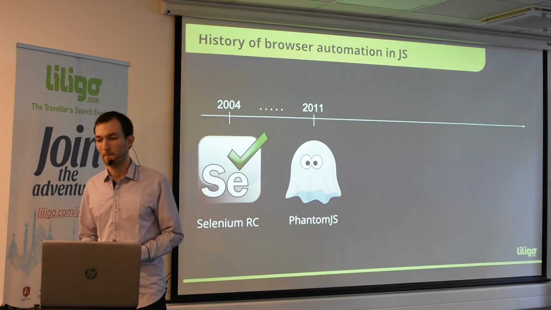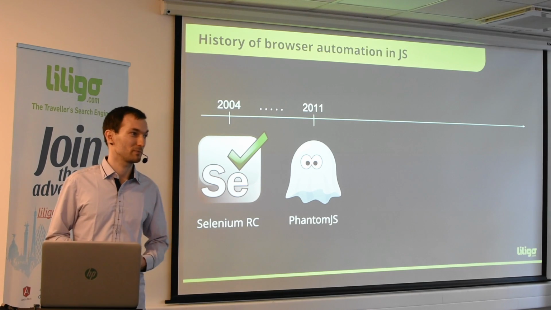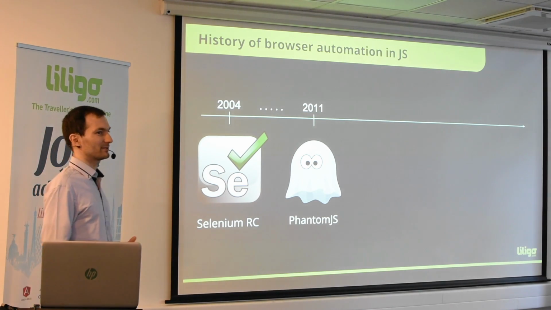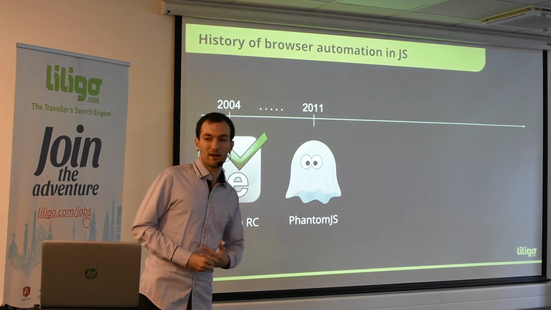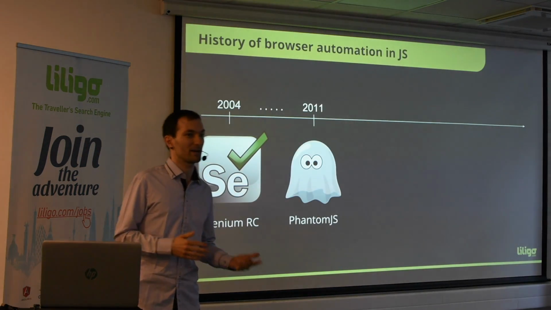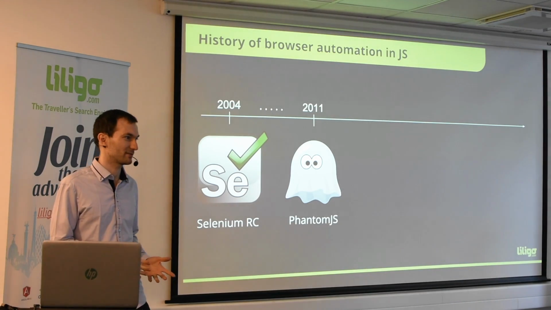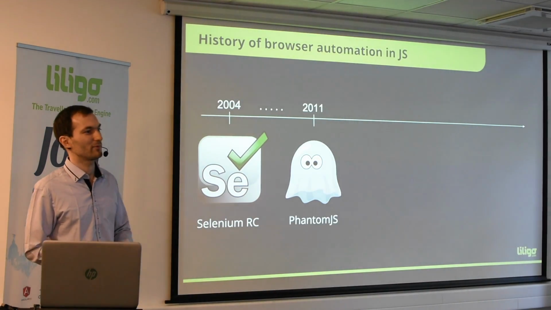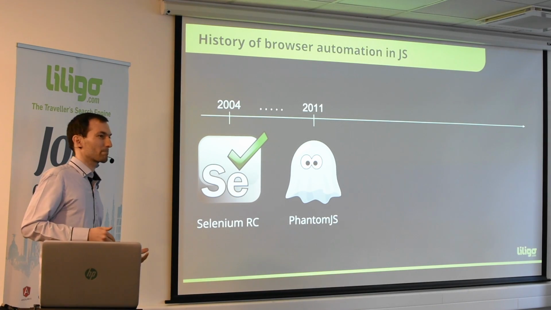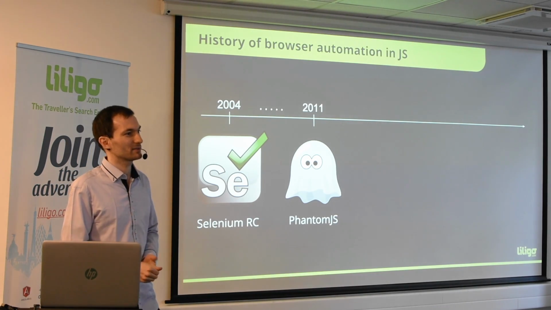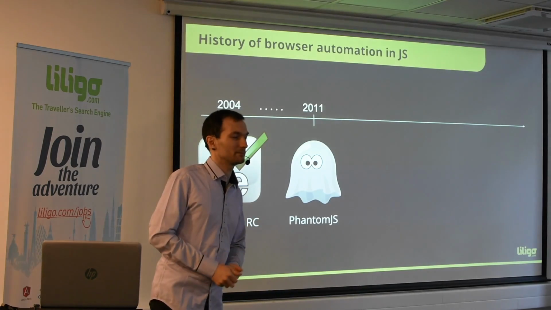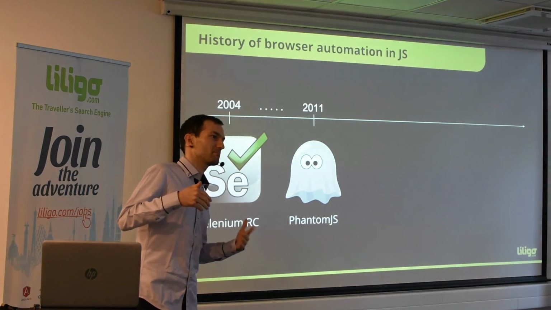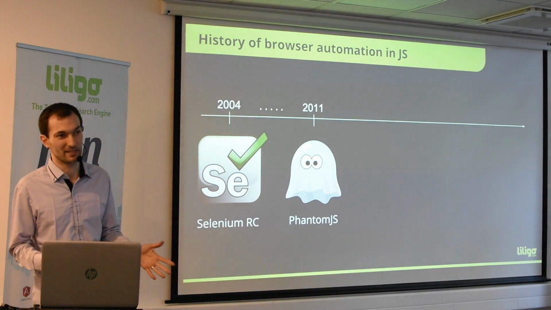PhantomJS was a headless browser, completely written in JavaScript, and it used the WebKit rendering engine. Now, a headless browser is a browser without a graphical user interface, and it is useful in scenarios when you want to execute something in the browser, typically execute an application, but you don't need to see it.